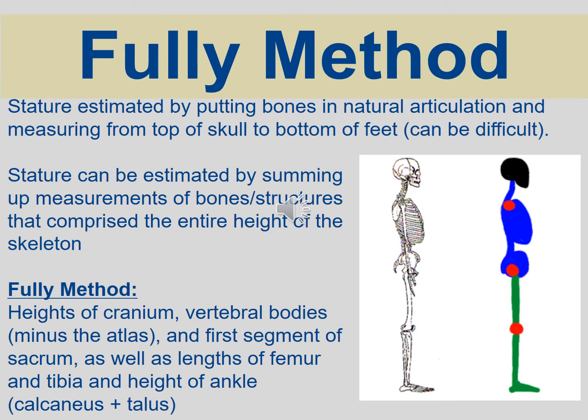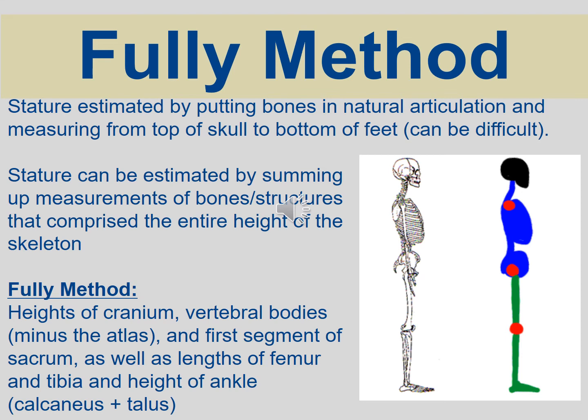One of the most accurate methods that we've discovered is known as the Fully method. He was a Frenchman, and I think this was developed even near the end of the 19th century. So it's a method that's over 100 years old, but it's still effective, and it makes a lot of sense.